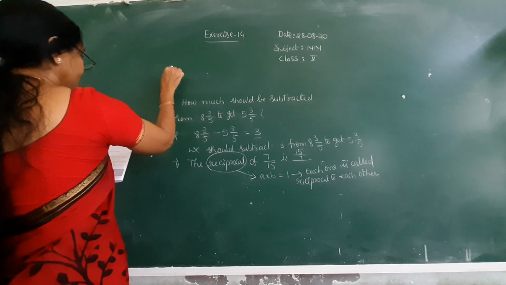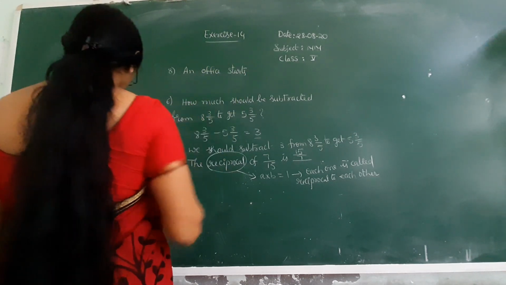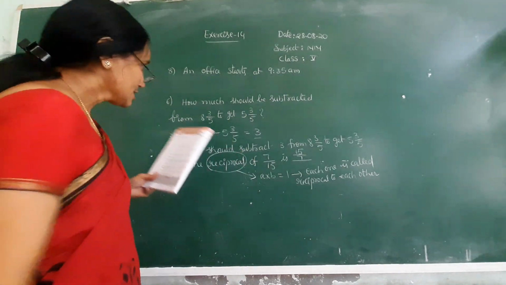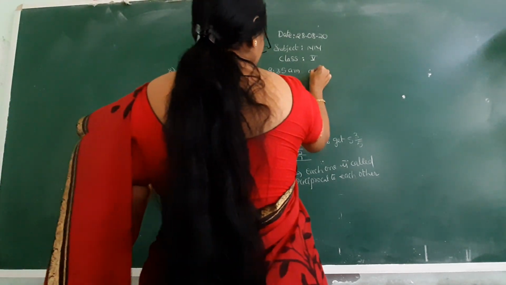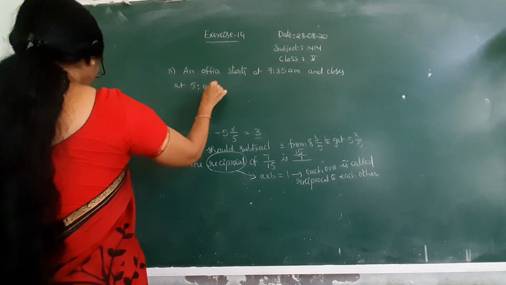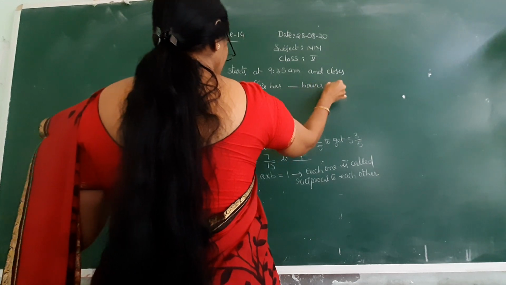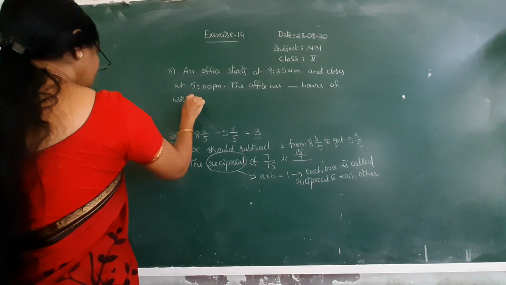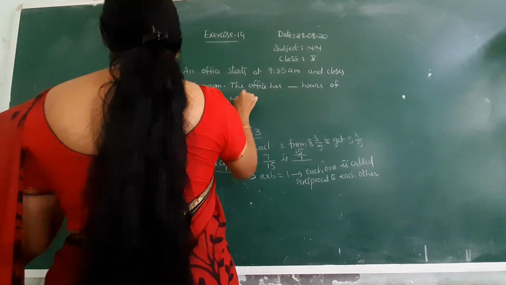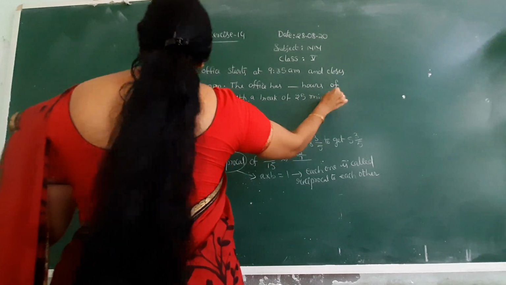Eighth problem. An office starts at 9:35 a.m. and closes at 5 p.m. The office has dash hours of working, with a break of 25 minutes for lunch.